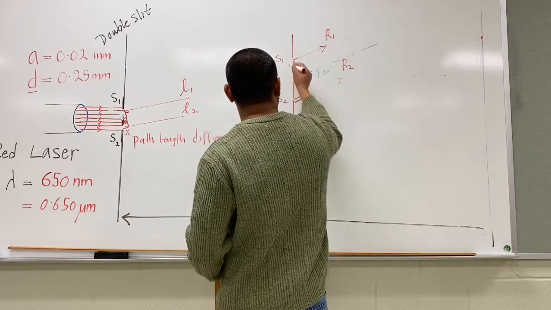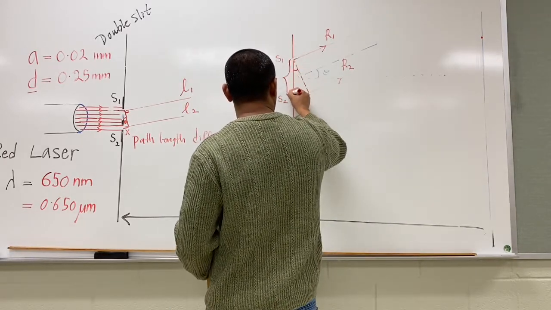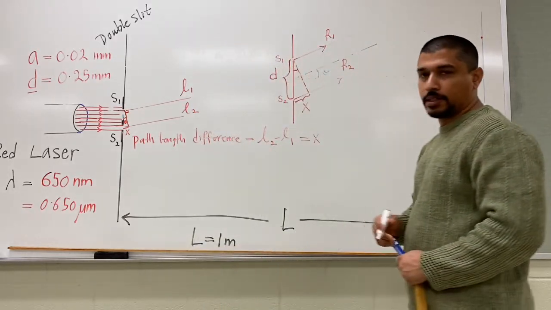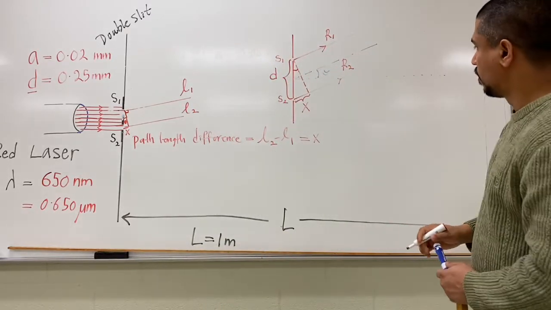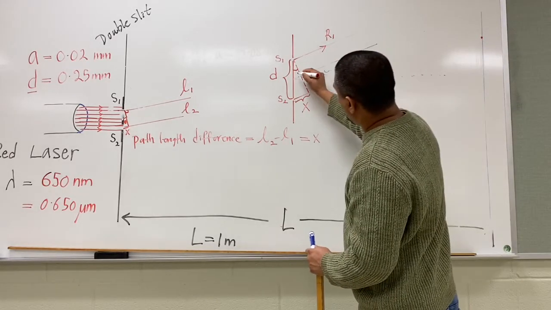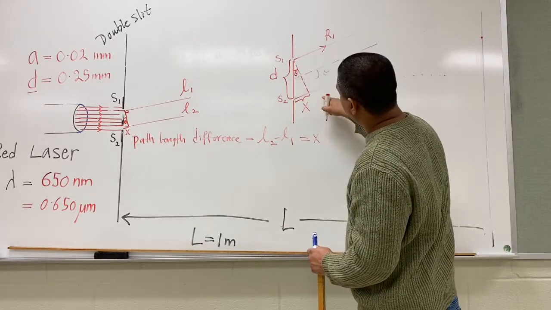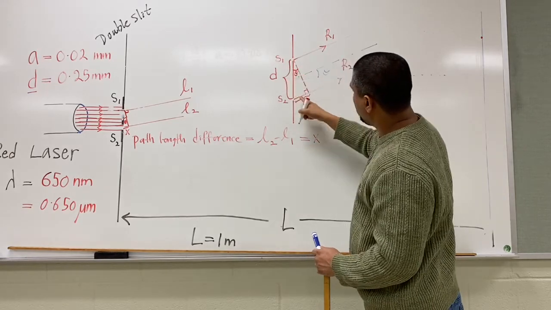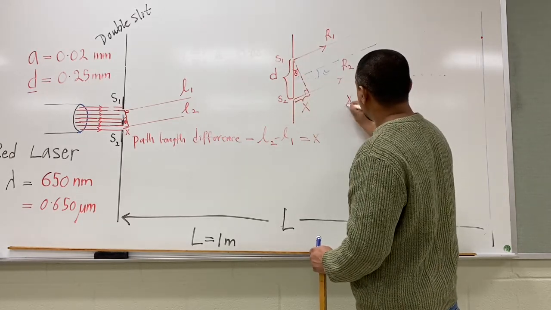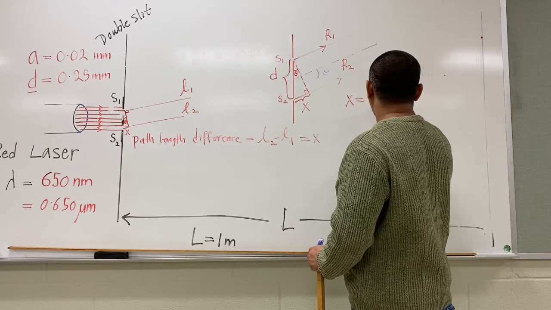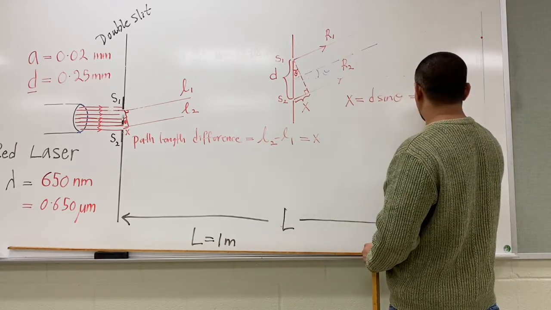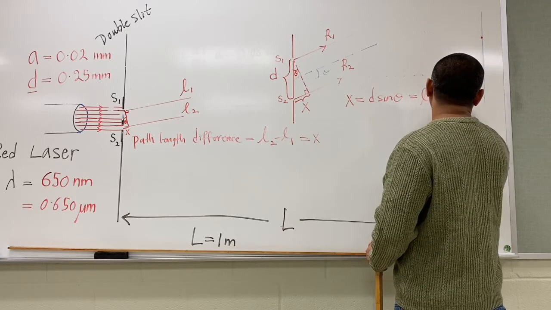And this separation is d, that is the separation between the slits. This is theta. Now I can see this is a right angle triangle. So x equals d sine theta. And that is the path length difference, L2 minus L1.